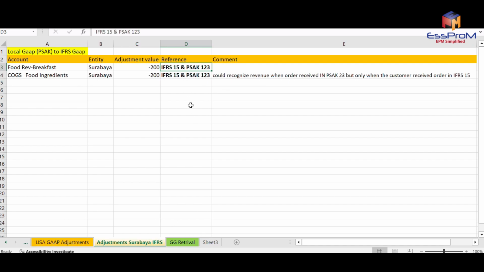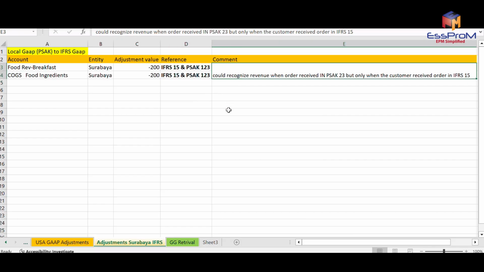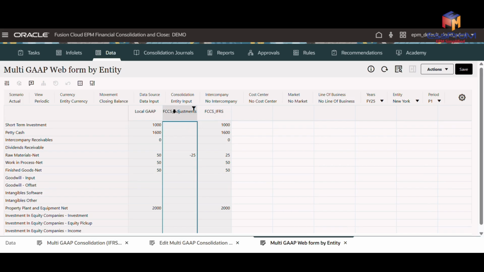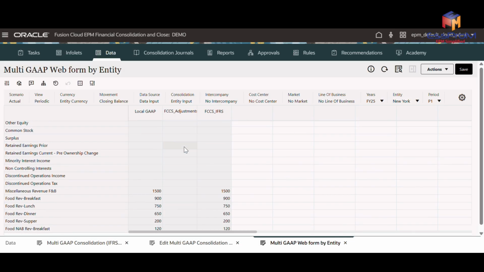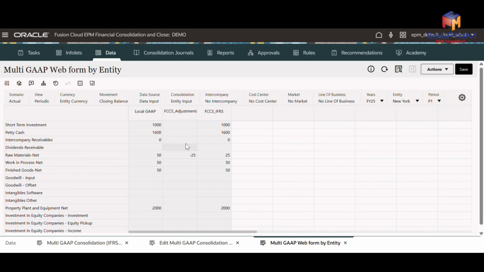In the case of Surabaya, which follows the PSAK GAAP, if we consider the revenue, we could recognize revenue when an order is received in PSAK 23, but only when the customer receives the order in IFRS 15. So you can see that particular adjustment was made at the income statement accounts for food rep breakfast COGS food ingredients.